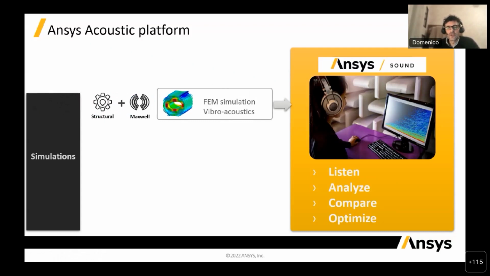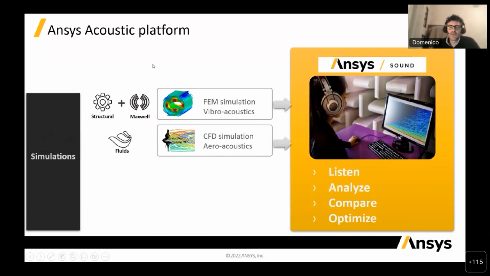This is our tool to perform electromagnetic analysis. So considering these two tools together, and being able to couple them and having developed some specific NVH workflow, we can deal with problems like vibroacoustics problems, and a classic example is an electric motor.